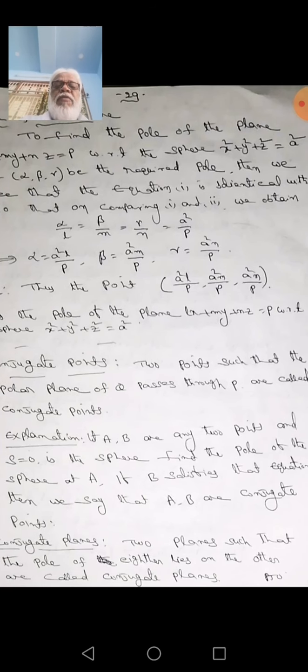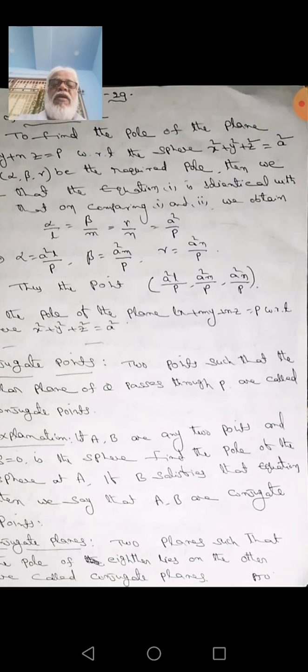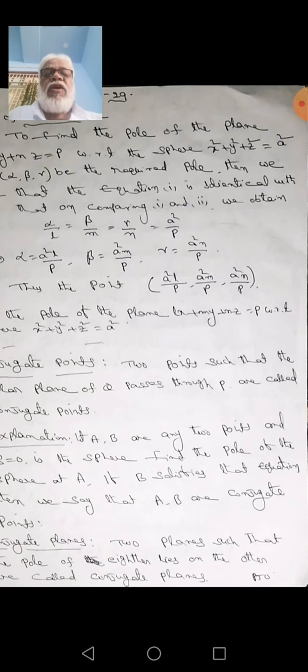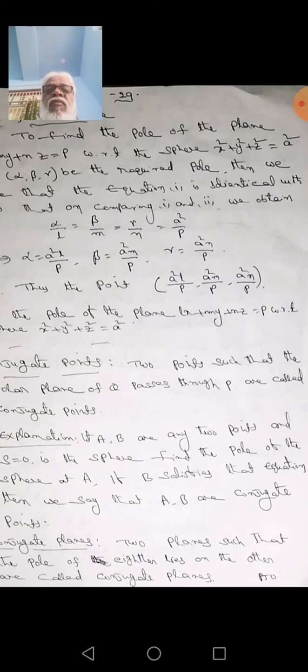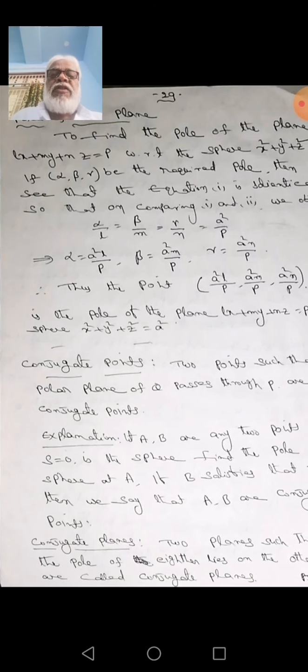Thus the point a square L by P, a square M by P, a square N by P is called the pole of the plane. The center is the origin, that is x square plus y square plus z square is equal to a square, and Lx plus My plus Nz is equal to P. This is the plane and that is the sphere.